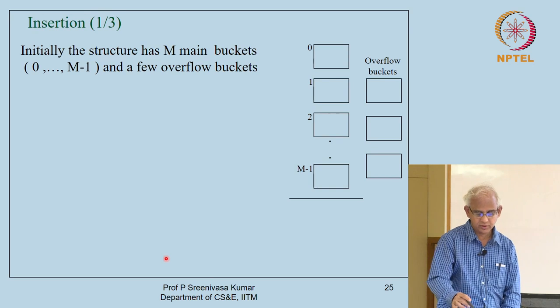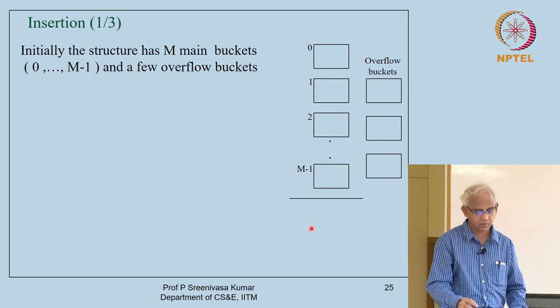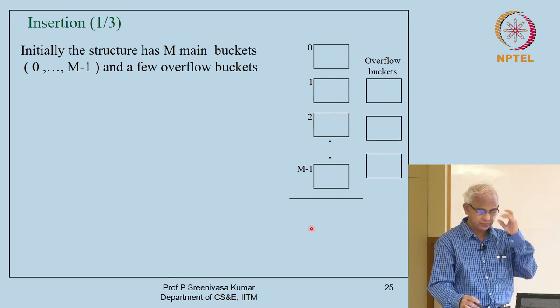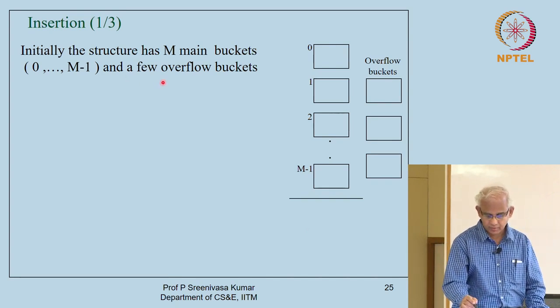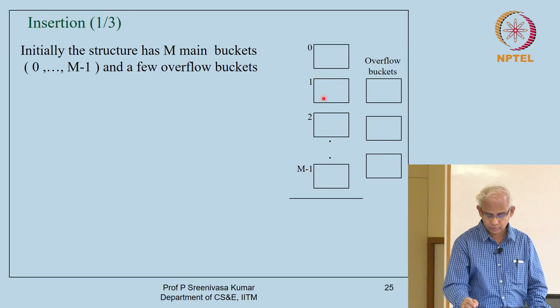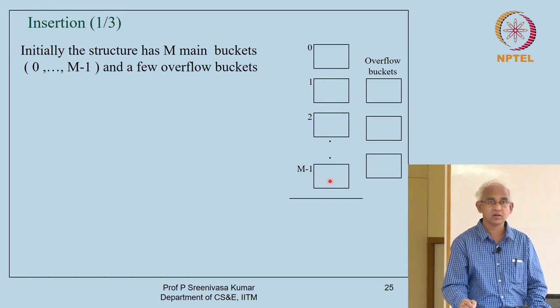Here is how the structure looks like. Here is 0, 1, 2, 3, up to m minus 1, these are the main data buckets, and a few overflow buckets are assumed to be existing.